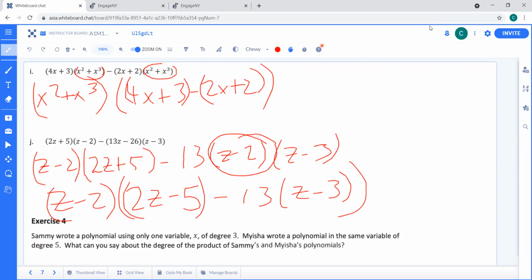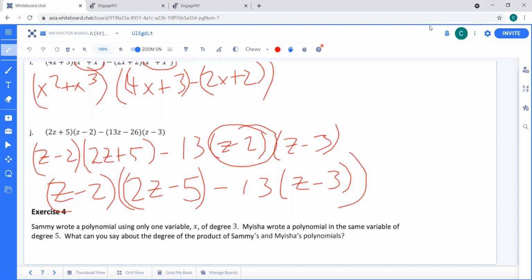Whew. Okay, that was not that pretty, but that'll work.